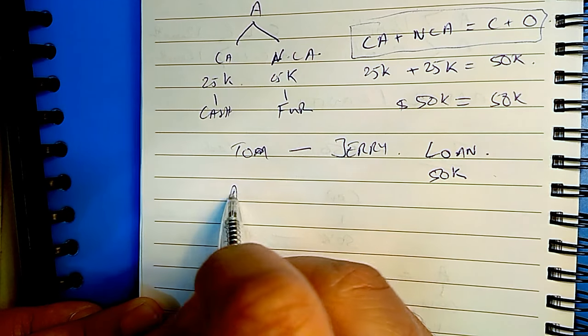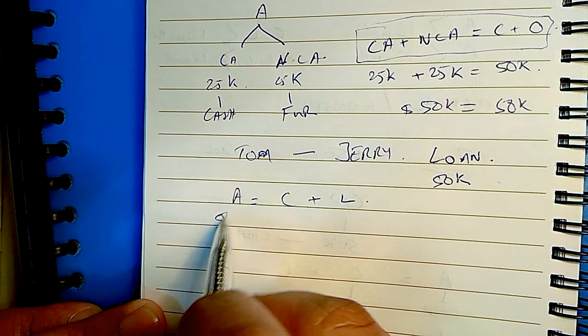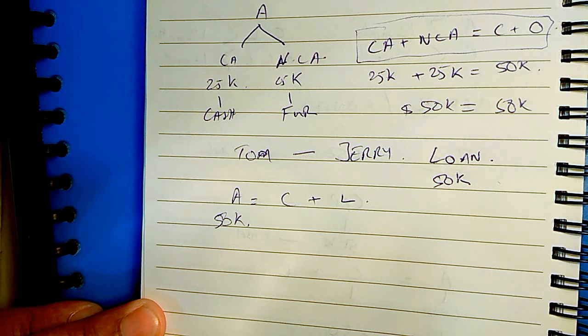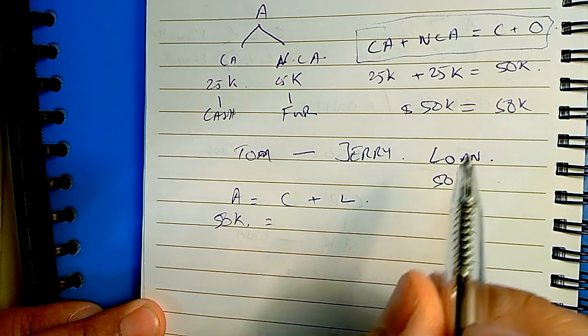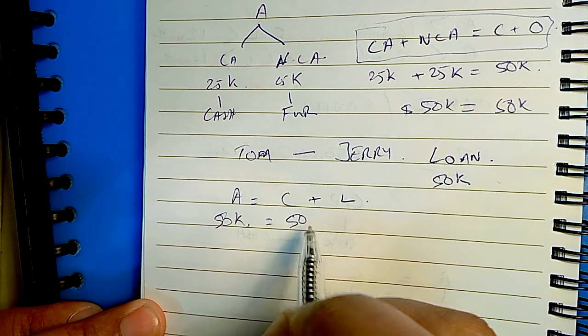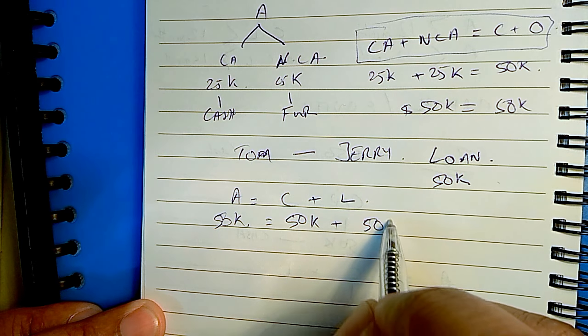So it's assets equals capital plus liability. The total assets we had was 50k, broken down into cash and furniture. Capital, we had 50k till now. Now a new loan is coming in, 50k.